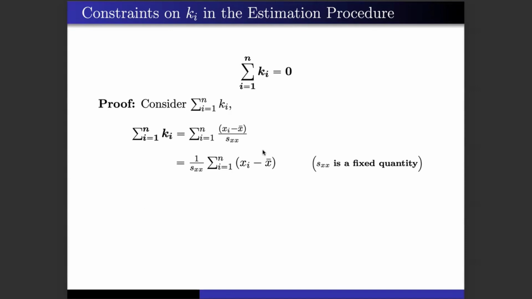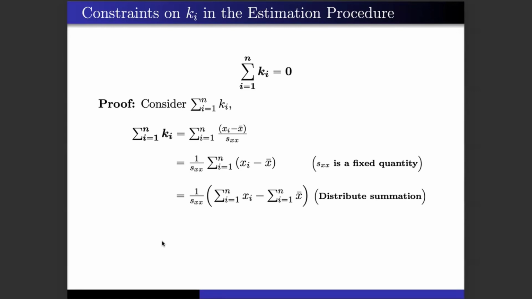Therefore, we can write it as 1 divided by sxx times summation i going from 1 to n of xi minus x bar. To simplify it further, we can distribute the summation sign over both the terms xi and x bar and get 1 divided by sxx times summation xi minus summation x bar.